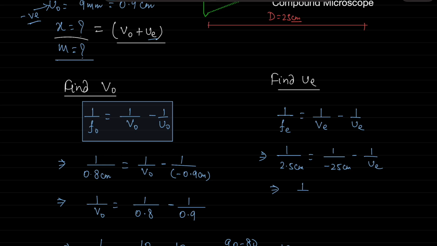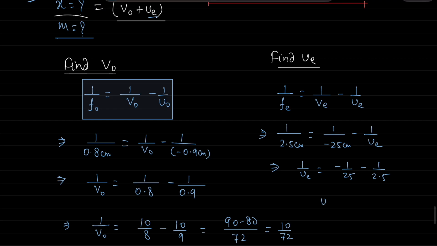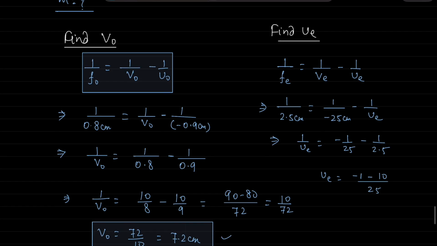So 1 by Ue is equal to minus 1 by 25 minus 1 by 2.5. So Ue is equal to minus 25 by 11 centimeters. So approximately minus 2.27 centimeter.